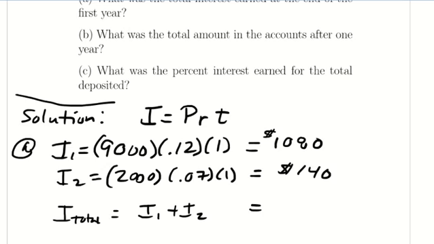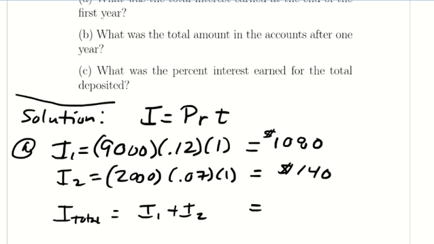For part B, we need to know what the total amount is. So the amount is, you take how much is invested and then you add the interest to it. Later on, when we're doing the compound interest stuff, we'll notice that we can factor out the P and you get this formula here.